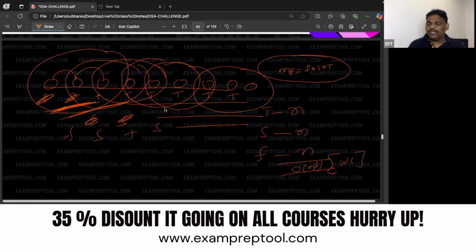Time complexity is cubic. Out of n numbers, selecting 3 numbers, nC3, that is n into n minus 1 into n minus 2 by 1, 2, 3. Approximately these many combinations are there. Time complexity big O of n cube.